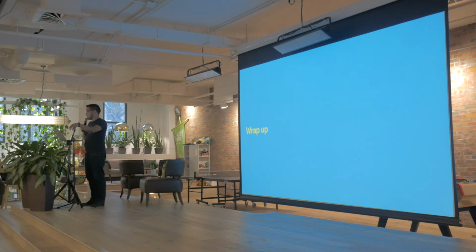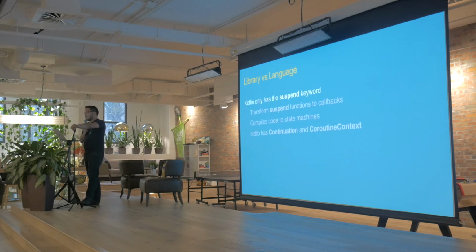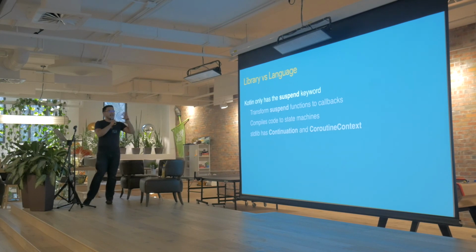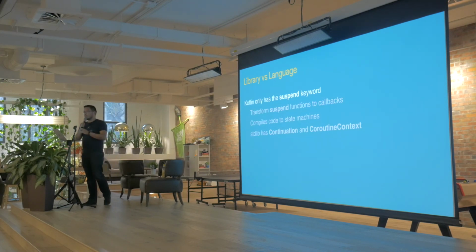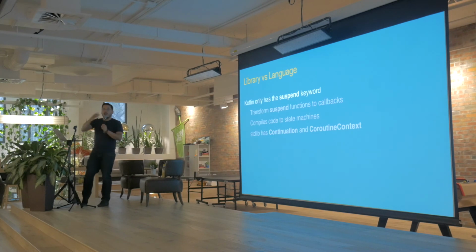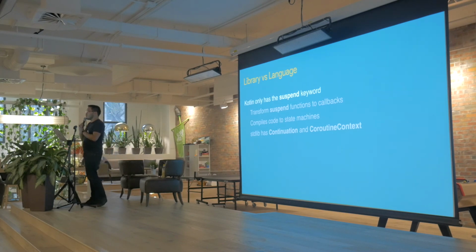To wrap up, it was a very short talk. Kotlin only has the suspend keyword. Like I said, it doesn't have await or async. What it does is transform suspend functions to callbacks and compile code to a state machine, and the library only has continuation and continuation context, which I just showed you, which helps you transform your code into something usable for a coroutine, suspendable, as you may want to call it.